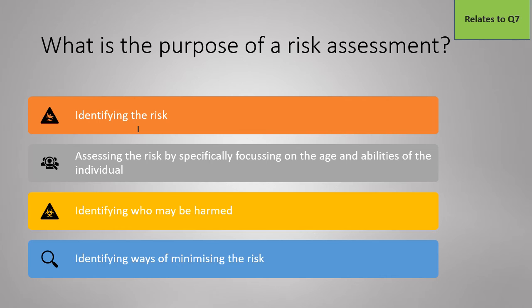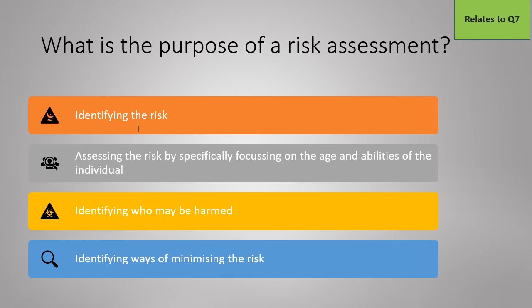Assessing the risk is done by specifically focusing on the age and abilities of the individual. If you were in a nursery environment working in the baby room, it's important that you think about the risks, thinking about the age of the babies.